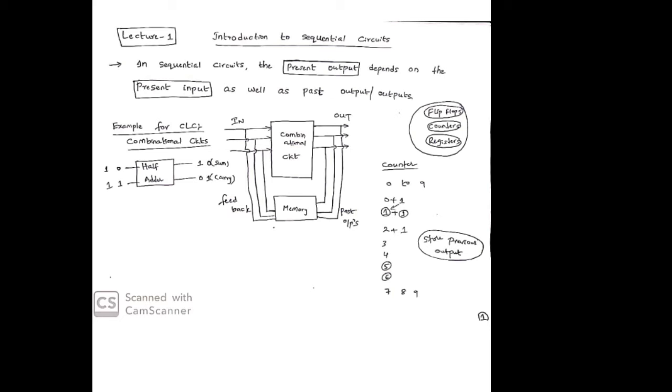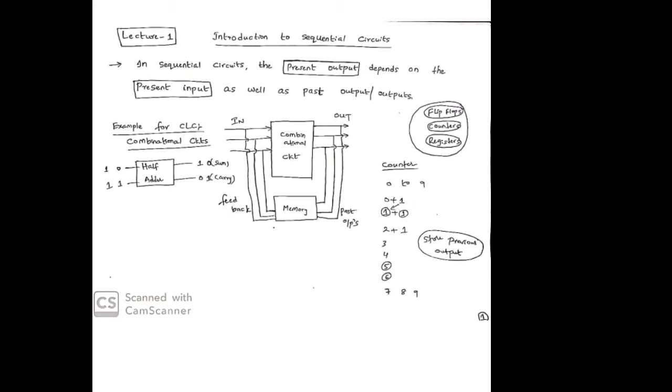Okay, if you want to know about sequential circuits, let us talk about the combinational circuit first. What is a combinational circuit, and how can we derive a sequential circuit from a combinational circuit?